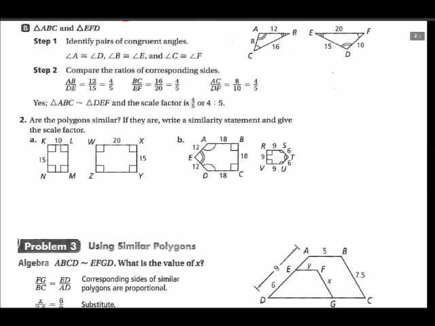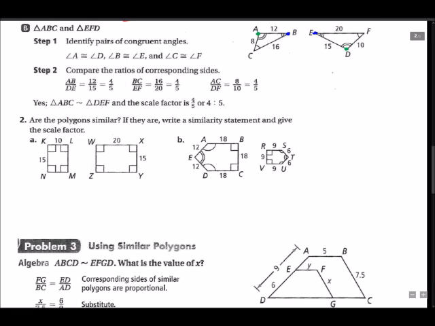All right, let's look at the next one. Are these two similar? Is ABC and DEF similar? Well, first let's check our angles. Let's find our congruent angles. So start with A. Who's A compared to? D. All right, and then we move on to B. Who's B?